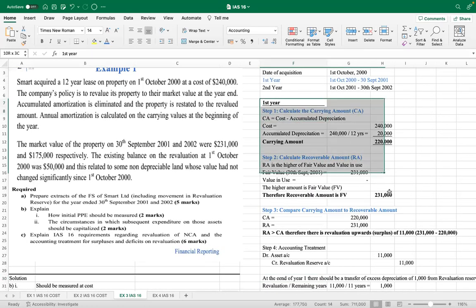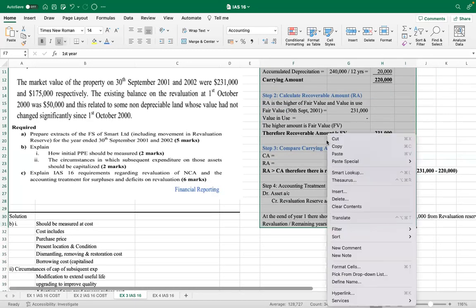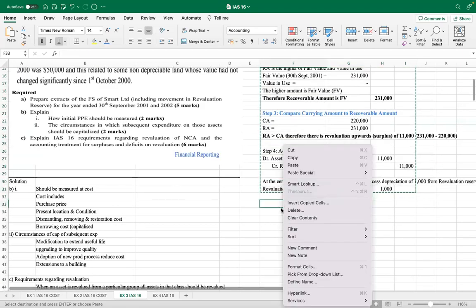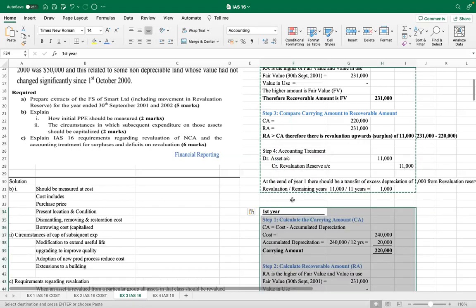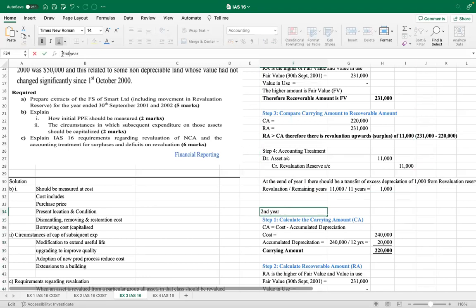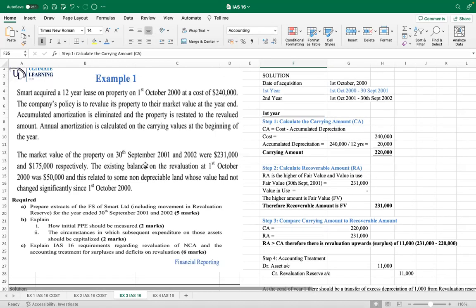I'll repeat the same for year 2. Let me copy and paste to save time. I'll paste the same, but now I'm looking at second year, so I'll only be editing. Let's be attentive in the second year as I wind up.